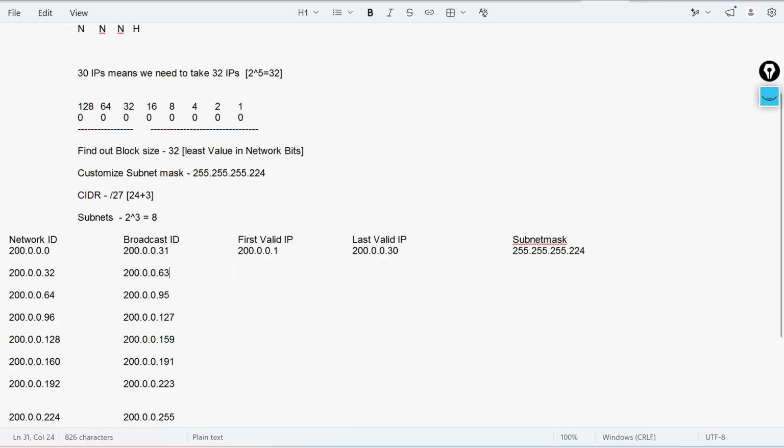And here 200.0.0.33, and here 200.0.0.62. Mask is same.